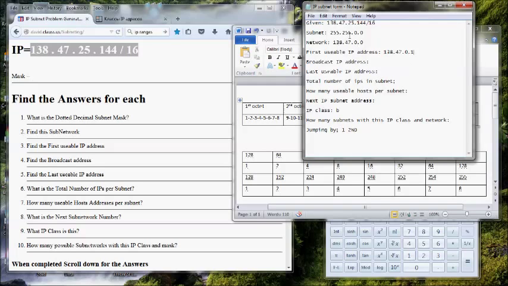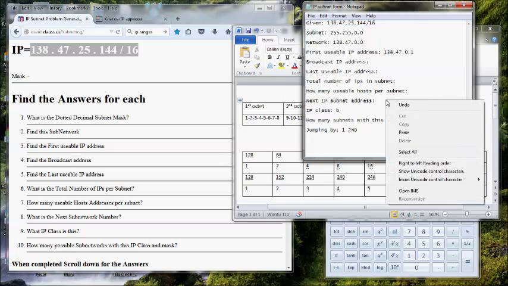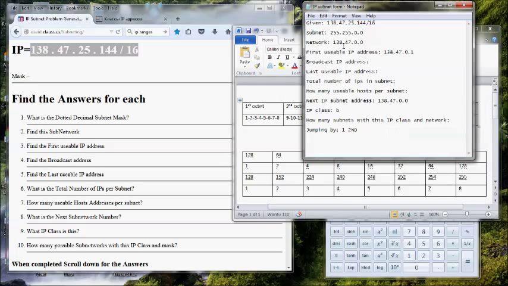And this being the network address, since it's jumping by ones, we know that the next IP address is going to be jumping by 1 in the second octet. So add 1 to 47, that makes it 48. That's the next IP subnet address.